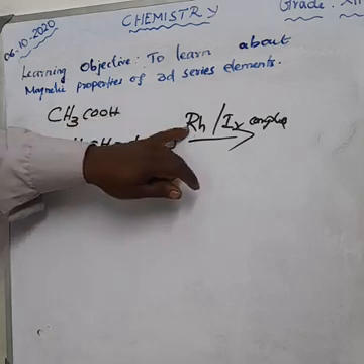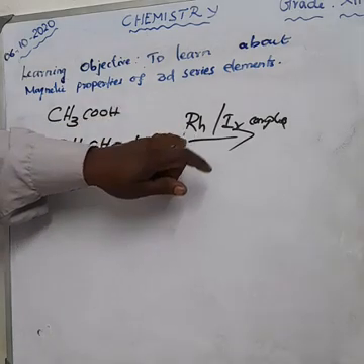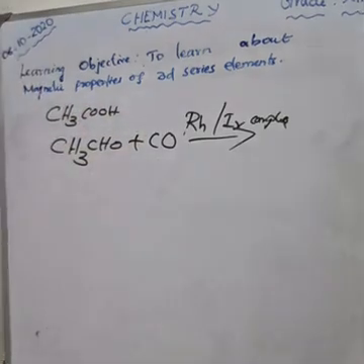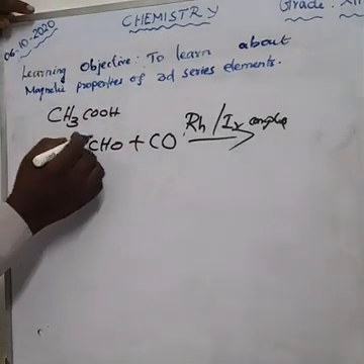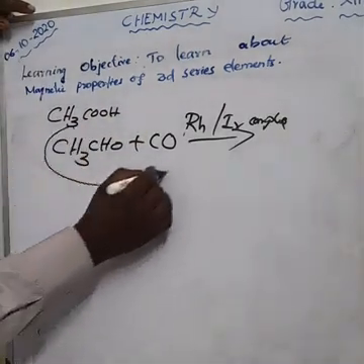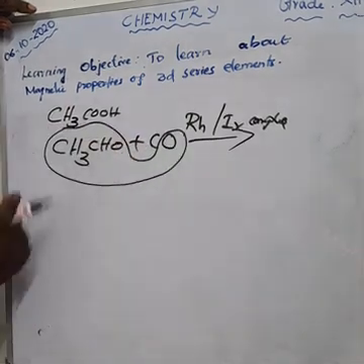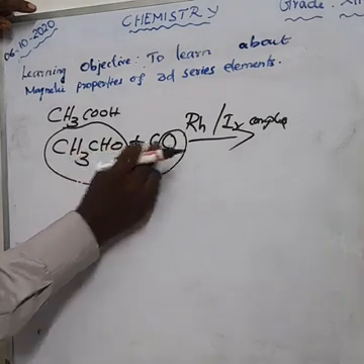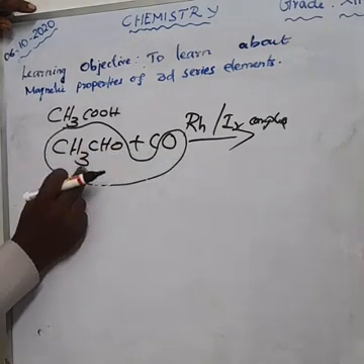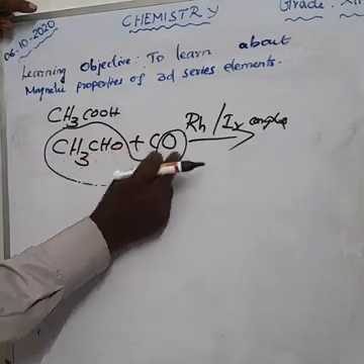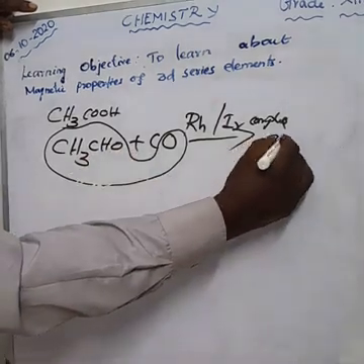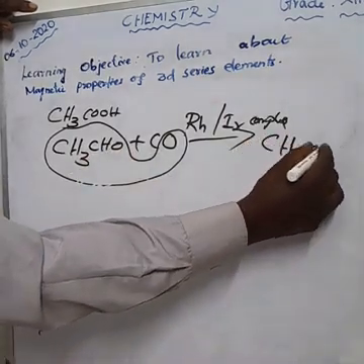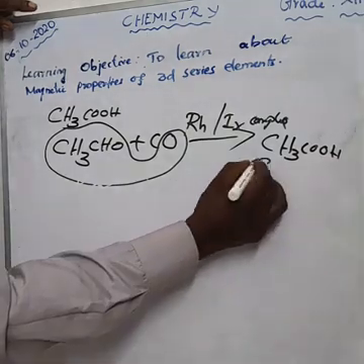This is not the 3d series, this is the 4d series. We take rhodium as the catalyst here. So what is the product? CH3COOH, which is acetic acid.